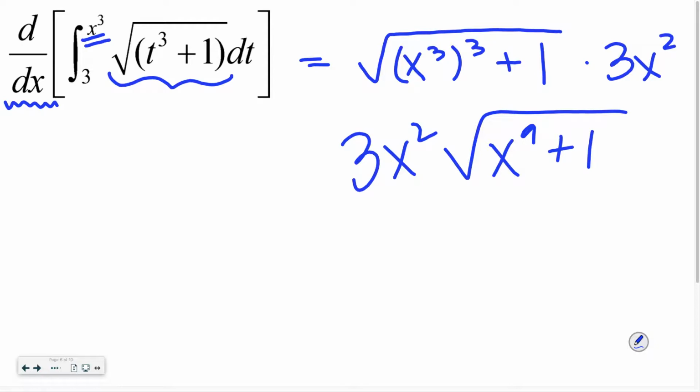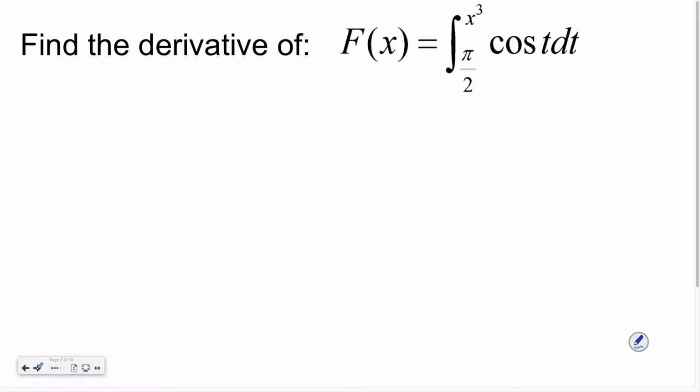I feel like that's a really neat graph to look at. Maybe you should graph it.